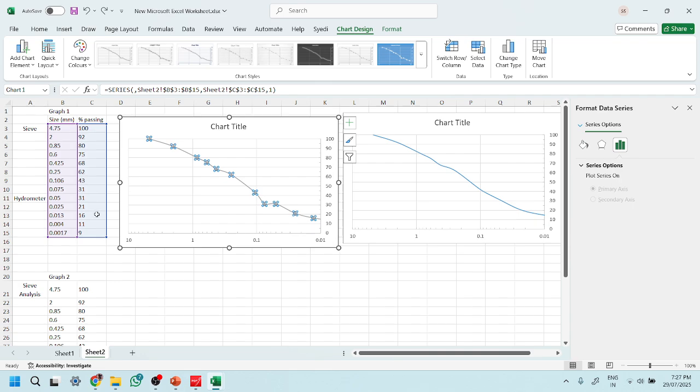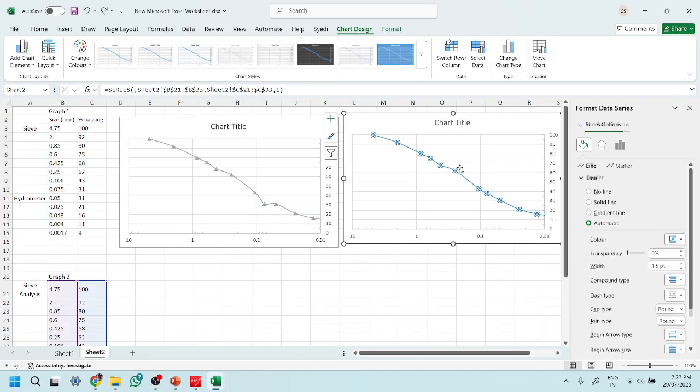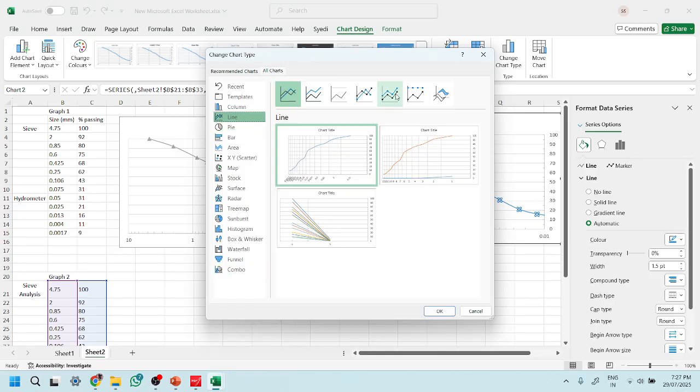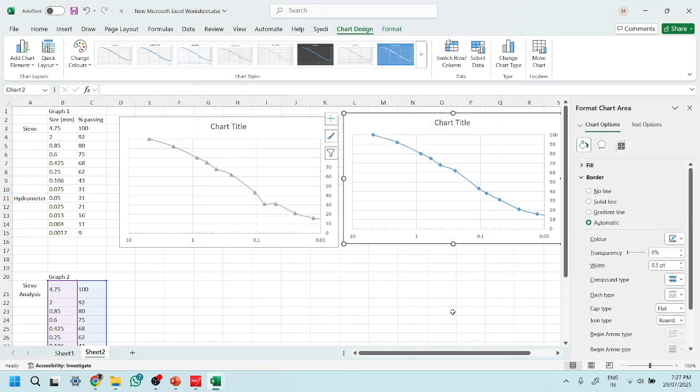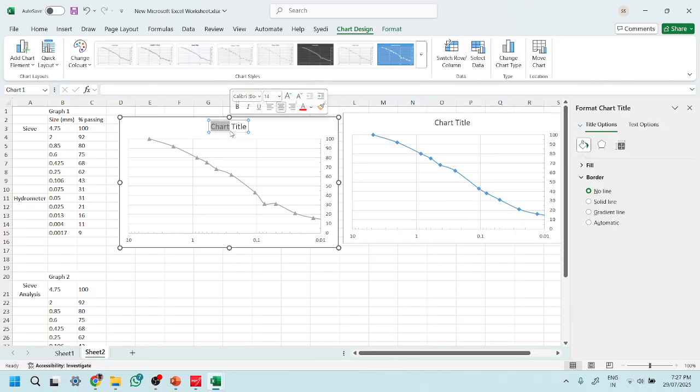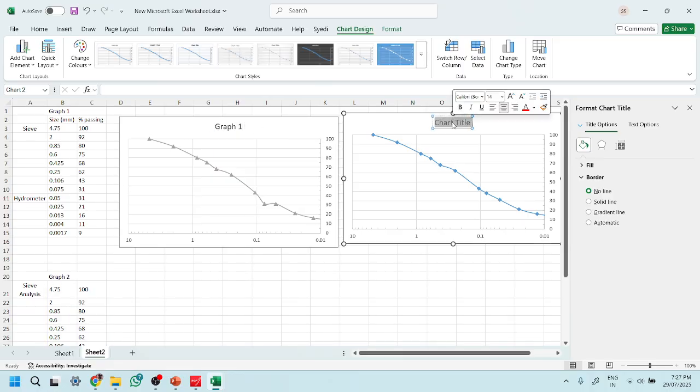Okay, so these are the graphs. These are the two graphs that we have. This is graph one. This is graph two.